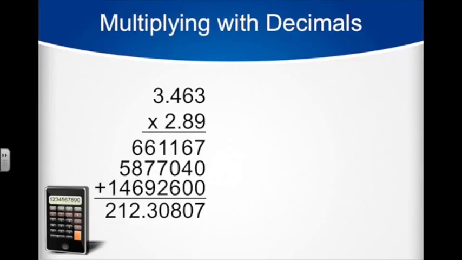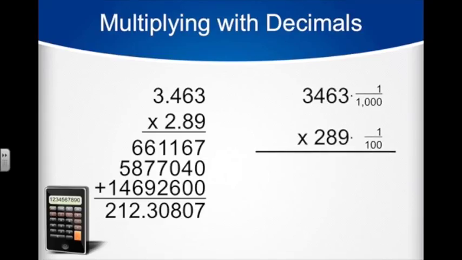We could rewrite our multiplication problem like this. 3,463 times 1 1,000th times 289 times 1 100th. The 1 1,000th takes the place of the 3 decimal places, and the 1 100th would have given us the 2 decimal places.